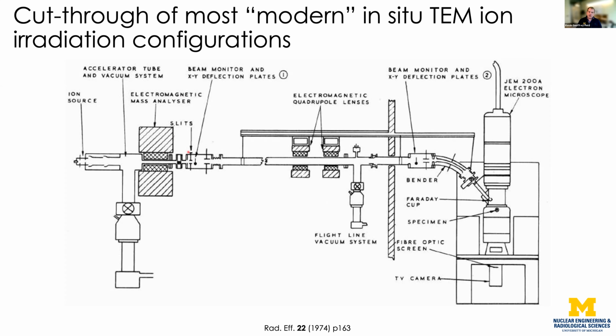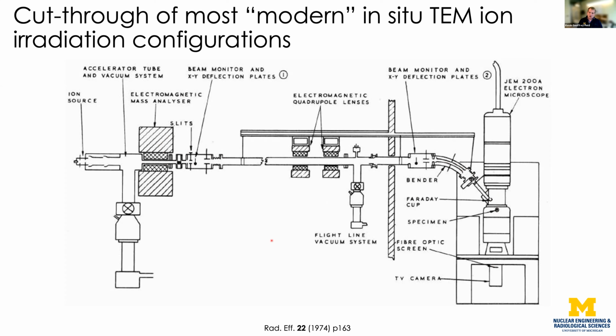You have some defining apertures, and then you also have essentially condenser and bending lenses. And then you bring that in through the beamline, you bend it down using electrostatics, bring it in, and then your TEM sample would be sitting here, and you would have your electron beam coming down at the same time, and you would view that observation of radiation damage down there.